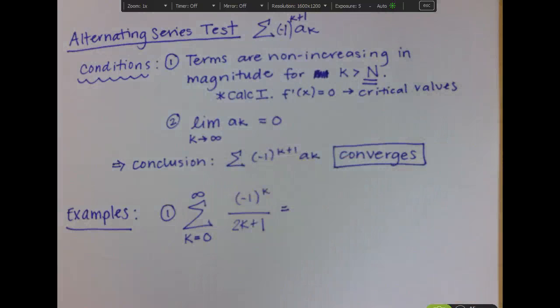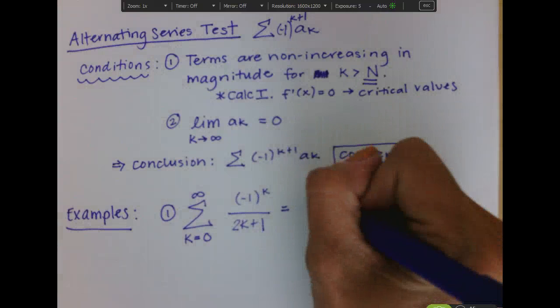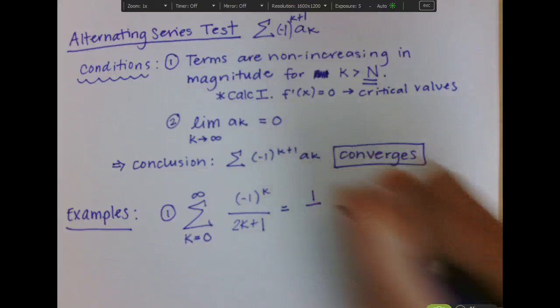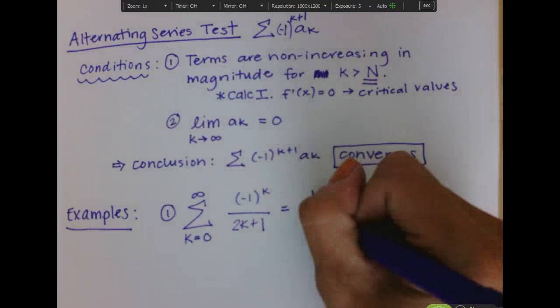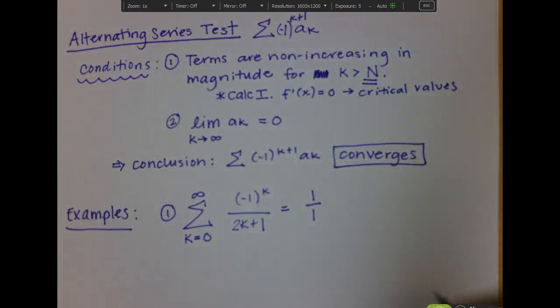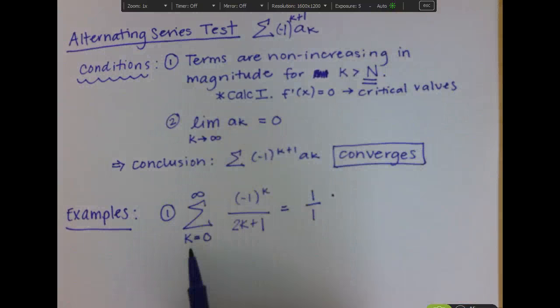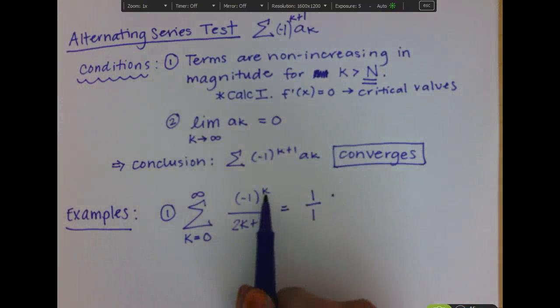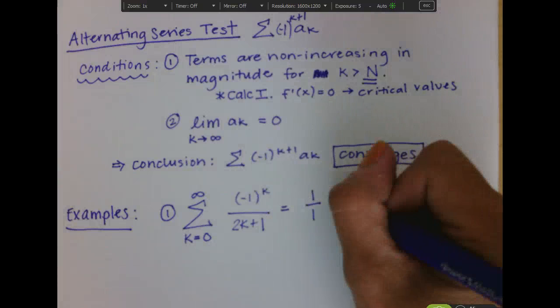I'd like to just write out a couple of terms of this series just to convince you that it does represent an alternating series. So as k equals 0, remember anything to the 0 power is always 1, and in this case that's positive 1. Our denominator is also going to be 1, so our first term is 1. The second term, when k equals 1, gives us -1 to the 1 power.